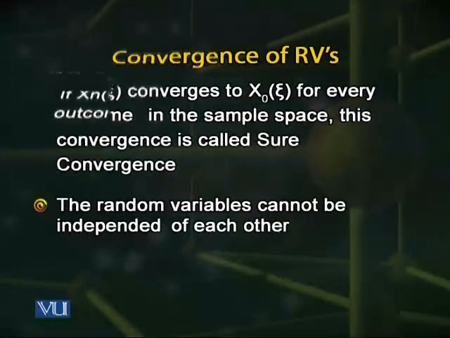Suppose you have an outcome and you look at the value of 10th random variable and it is quite close to the destination value. What about the value of 11th random variable? Will it be far away from the destination value? No, it will also be close to the destination value.